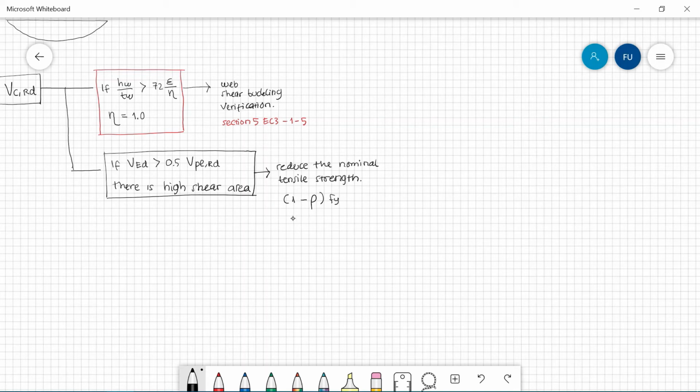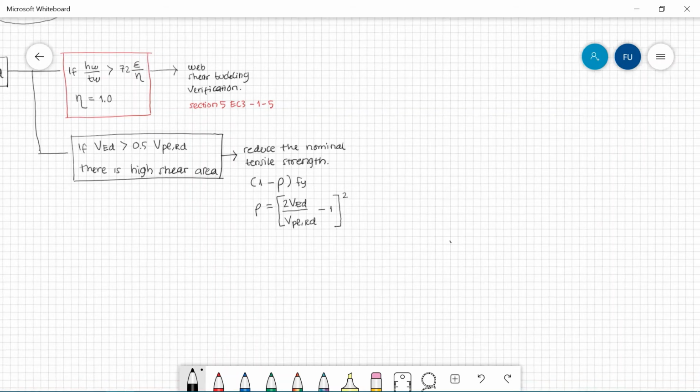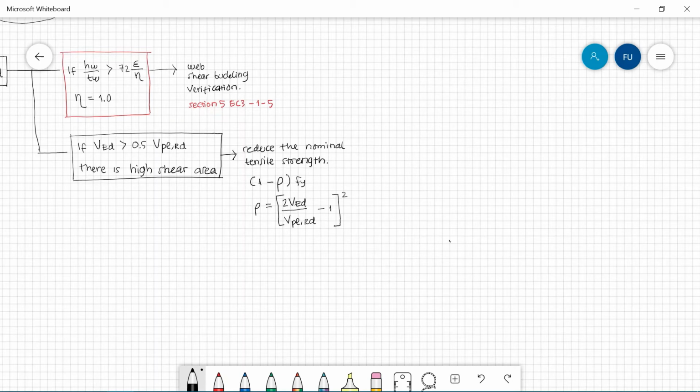The rho is 2 VED over V plastic RD minus 1, all squared. So we have to use this expression in order to determine the cross-section design resistance to bending moment.